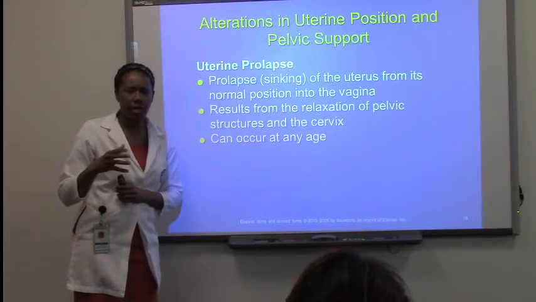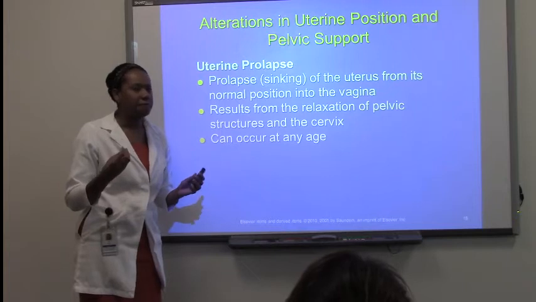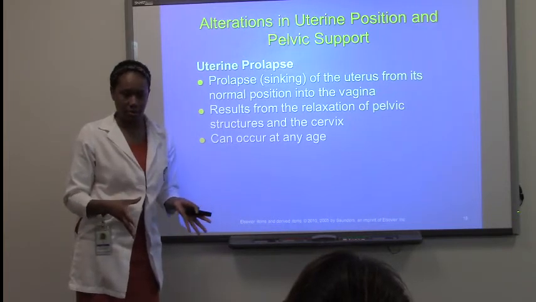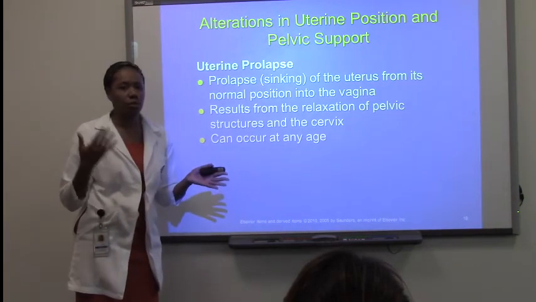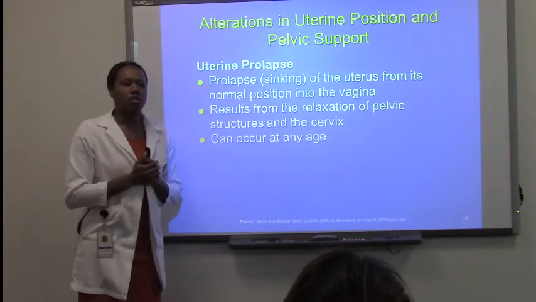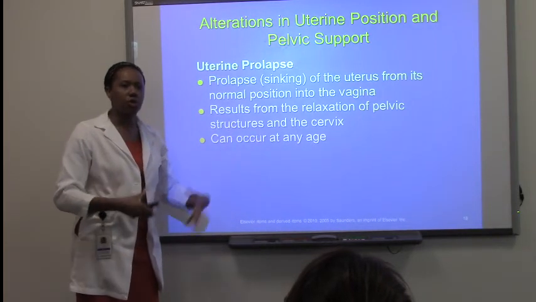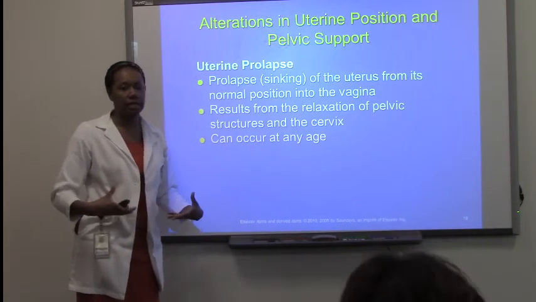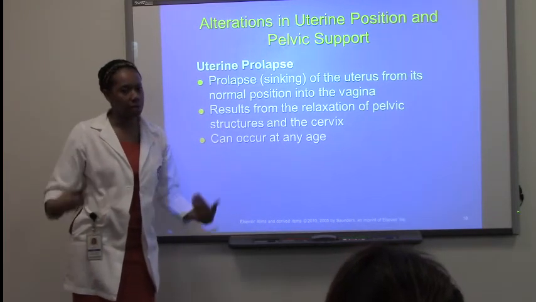The older ladies, and when I say older ladies, I'm talking about the geriatric community, will call the office and say, I need help, I see something coming out. I'm not trying to be funny, but these are the calls that we used to get in the office. With aging, the uterus is held by a lot of different ligaments, and just like the normal aging process, unfortunately everything goes south.